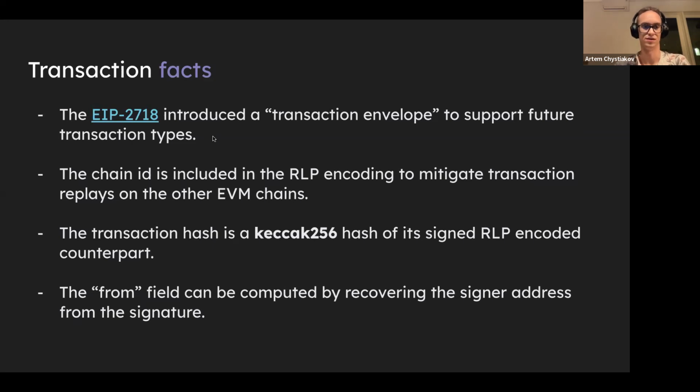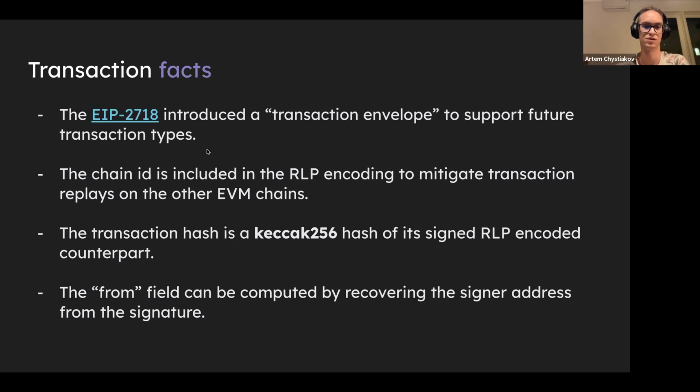If it is 3, then it's something else. This is how Ethereum works right now. Maybe in the future there will be new transaction types, and all of them will follow the specification.